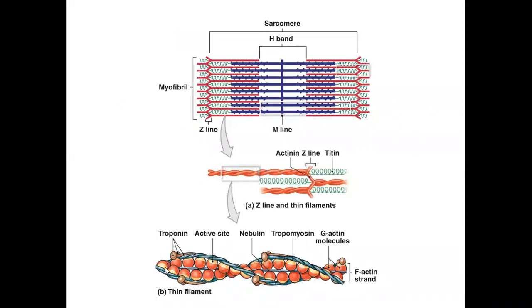So tropomyosin has its own double helix, and then it twists around the double helix of the actin. And you can see the organization of the troponin, which has an actin binding site here and a myosin binding site, but it also has a site for holding the calcium.